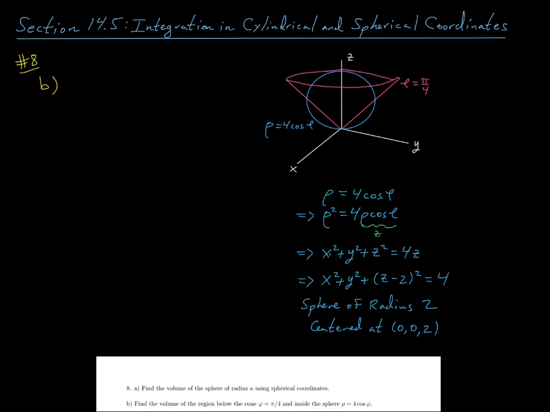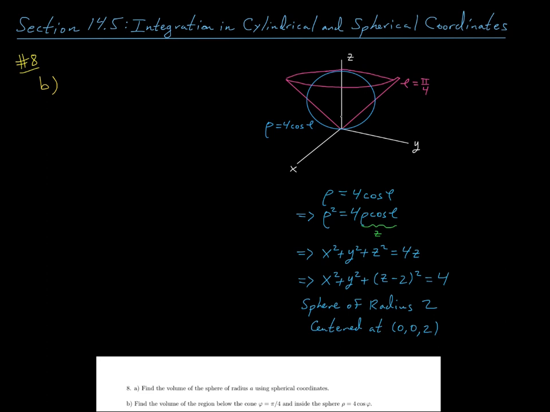So this then gives us the following rectangular equation. Now subtract 4z from both sides and complete the square, and that's going to give you x squared plus y squared plus quantity z minus 2 squared is equal to 4, and that is the equation of the sphere of radius 2 centered at 0, 0, 2. And so we see that up here in the figure.